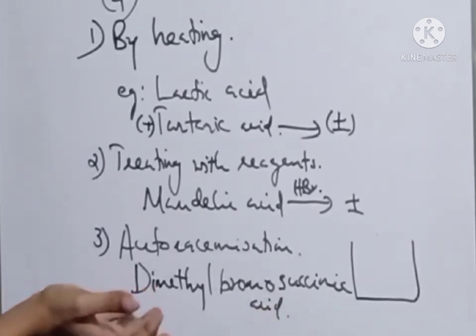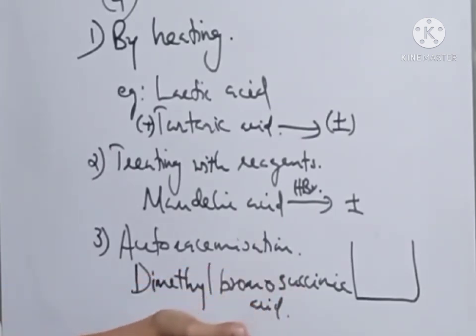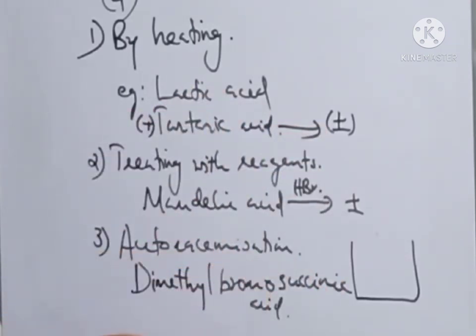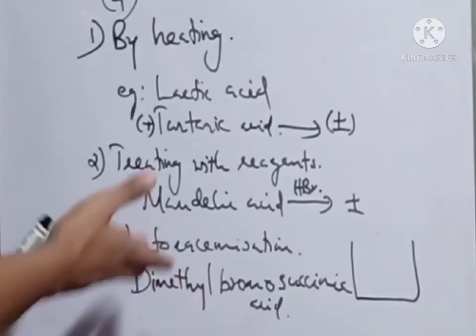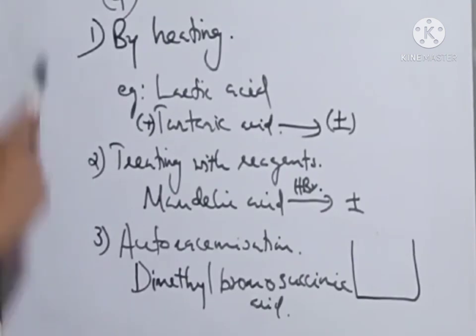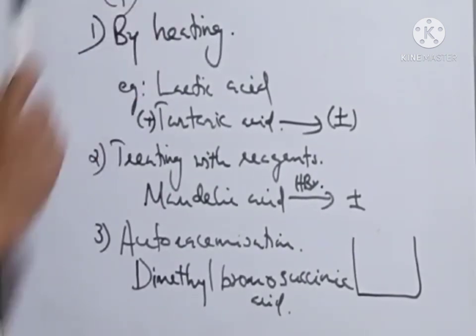If we keep dimethyl bromosuccinic acid for a long time, the optically active compound itself converts to a racemic mixture. So that is auto-racemization. So these are the methods which are used for racemization.